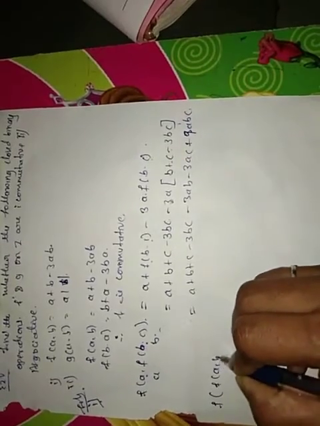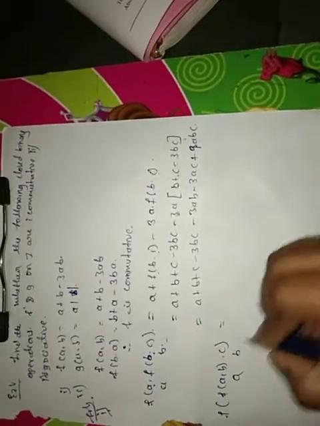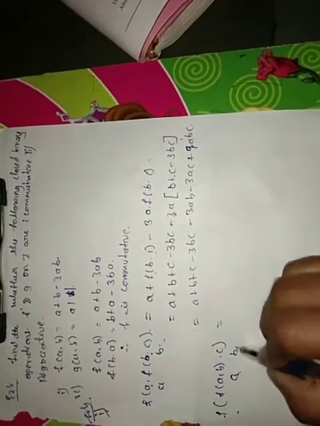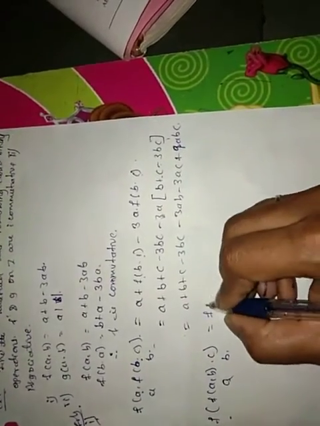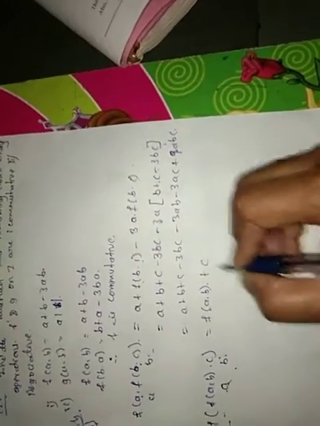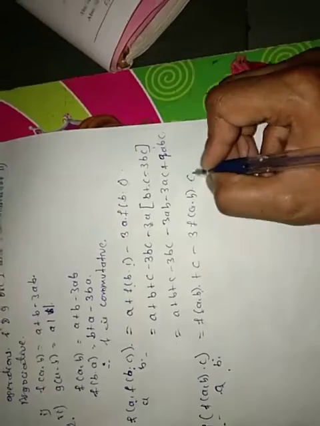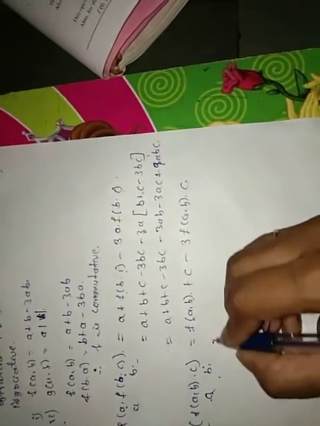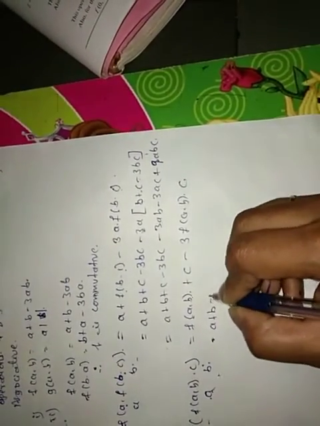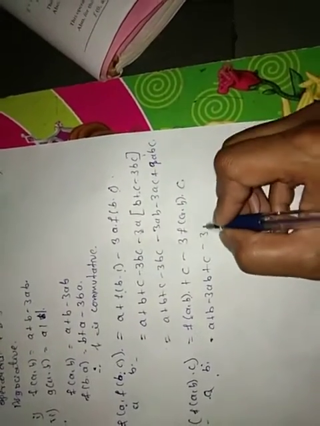Now come for f of f of a comma b comma c. Consider this one as a and this one as b. So f of a comma b equal to a plus b minus 3ab, plus c as it is, minus 3 into c.